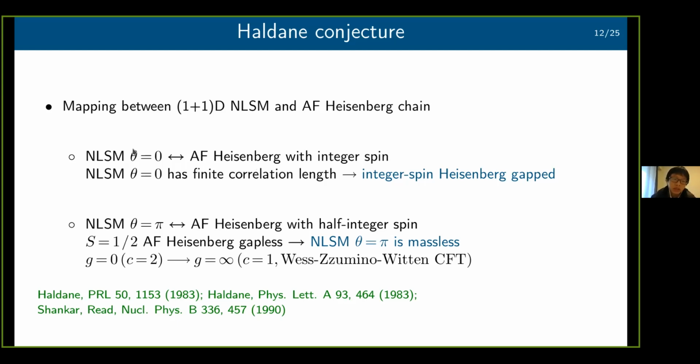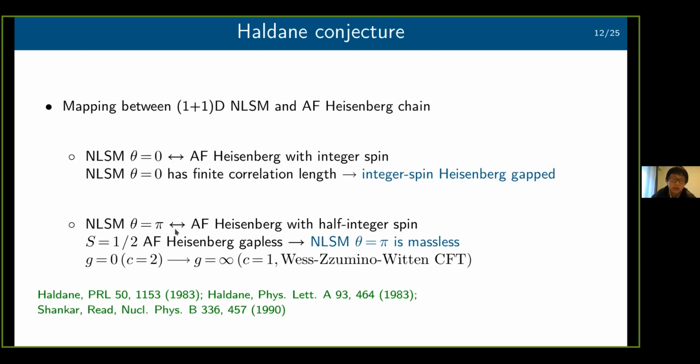And at that time, people knew that this nonlinear sigma model with no theta term has a finite correlation length. So Haldane conjectured that the integer spin Heisenberg model should be gapped. On the other hand, for the half integer spin anti-ferromagnetic Heisenberg model, Haldane mapped that to a nonlinear sigma model with the topological term theta equal to pi.